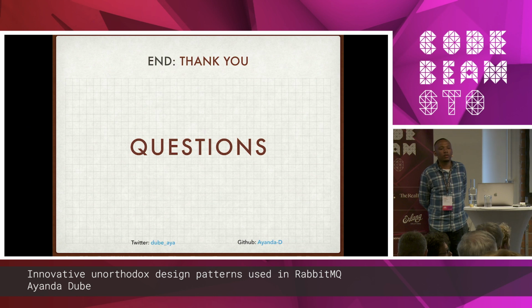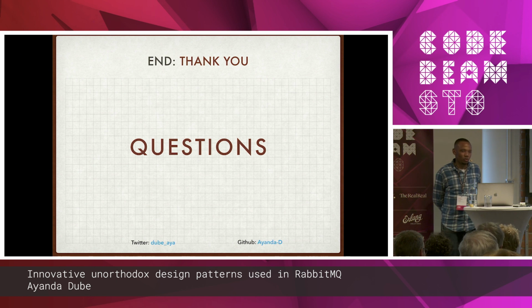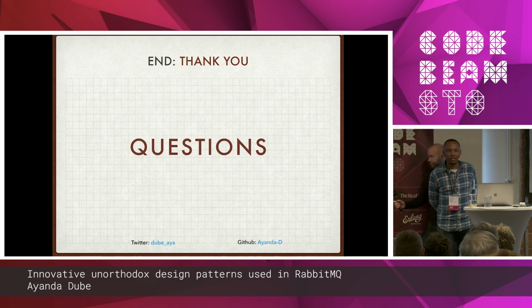So with the changes in OTP 22, is there anything that's going to change in your architecture? Well, with Rabbit, I think looking at the core team as well, any change in OTP is actively being tracked. And I think the latest release is compatible with OTP 22.